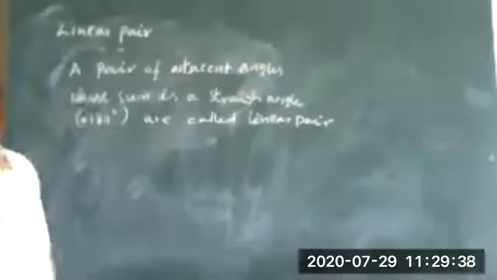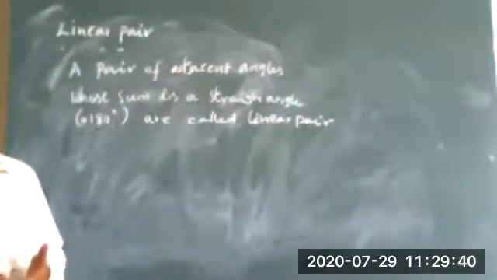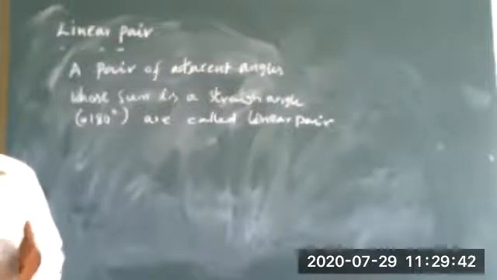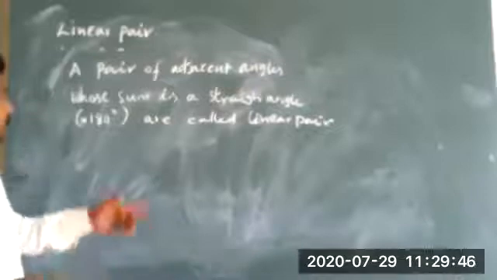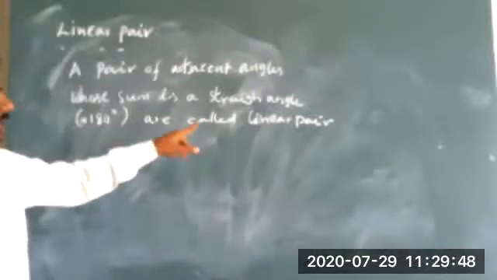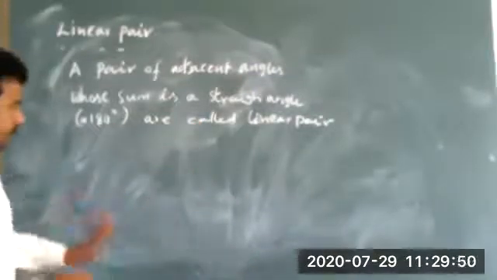Once again, children, what is a linear pair? A pair of adjacent angles whose sum is a straight angle. What is a straight angle? 180 degrees is called a linear pair.